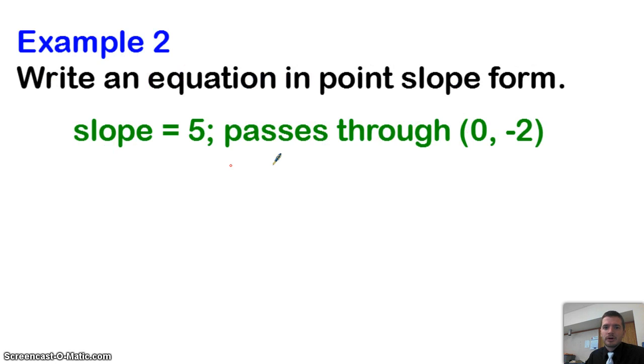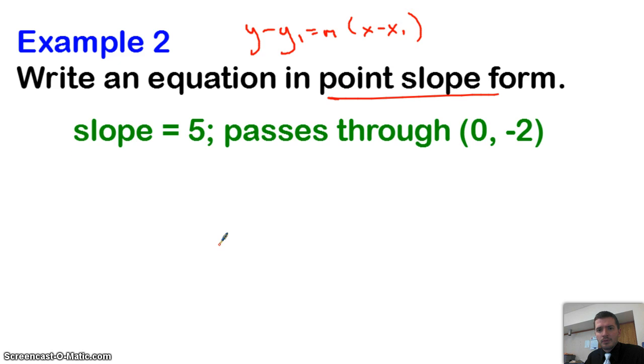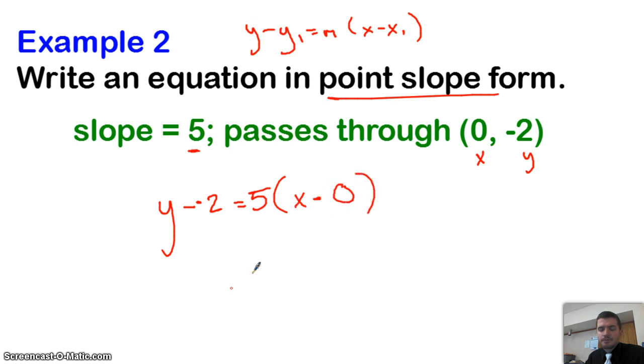Alright, here we go. It says write an equation in point slope form. So y minus y1 equals m times x minus x1. We'll just get right into it. Here's my x value, here's my y value, and our slope is 5. So we'll do y minus y1, which is -2, equals the slope, 5, times x minus 0.